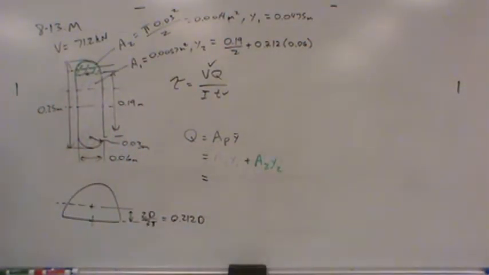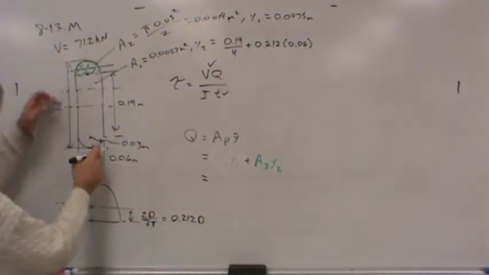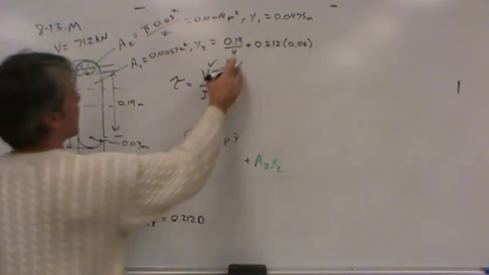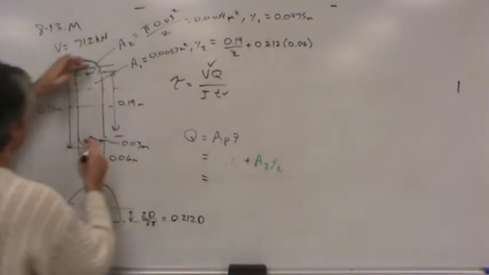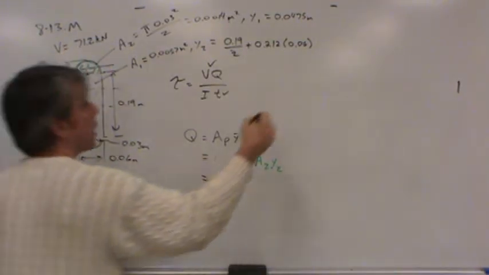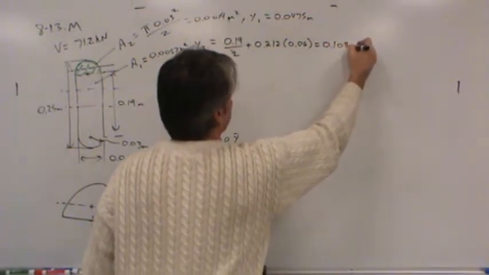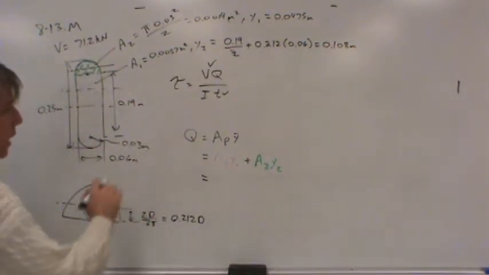So what do we get for this? 0.108. Oh, wait a second, I'm sorry. I said by 4 and then I wrote by 2. So we need that. No, that's right, it is by 2. I'm calculating the centroid of that area, so I do need half of 0.19. There we go. I'm sorry, how much was it? 0.108 meters, thank you. Okay, so now we can calculate Q.